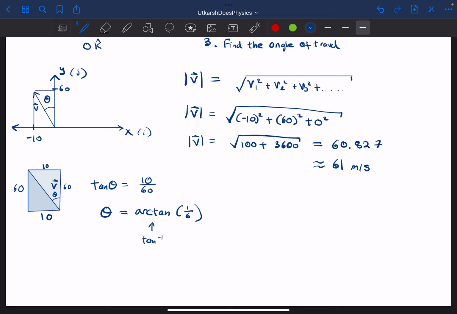So I am just getting you used to that notation. So there you go. Computing that arctan into our calculator, we get 9.5 degrees.